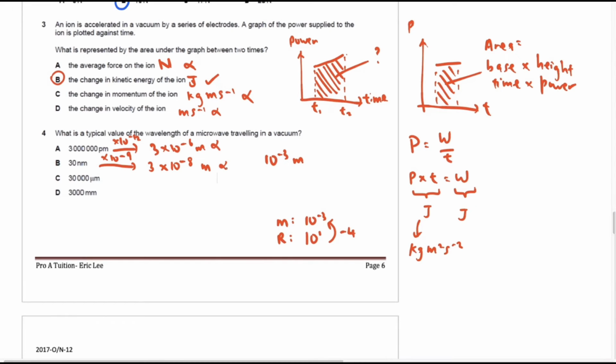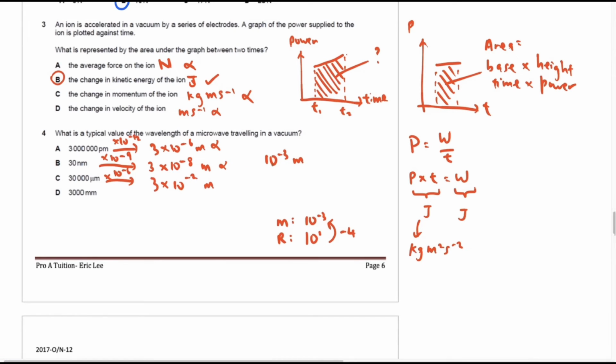Now we try C. C is micrometer. So micrometer, we remove the micro, we multiply with 10 to the power of -6. Okay, so 30,000 times 10 to the power of -6. So we get 0.03, which is -2.